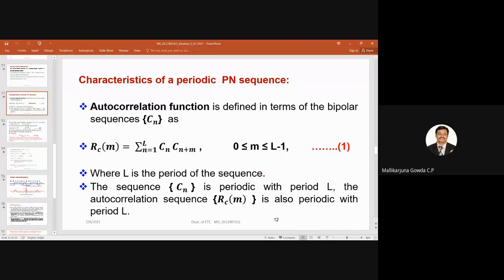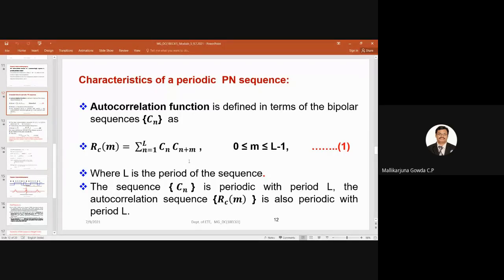L is the period of the sequence. N value can vary from 1 to L and the M value will be less than L minus 1 and greater than 0, right? So the sequence Cn is periodic with period L, and the autocorrelation sequence, which is denoted as RC of M, is also periodic with period L.